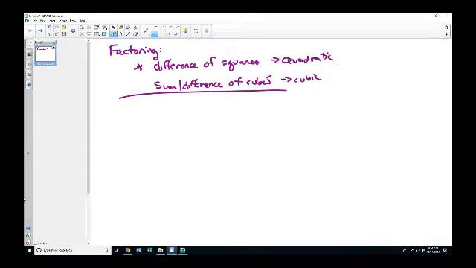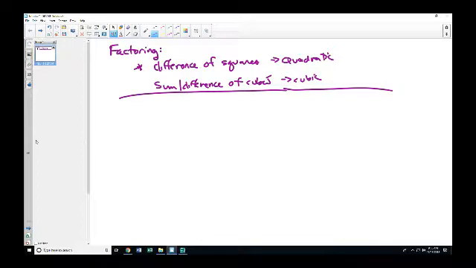So the last two methods we're going to study. The difference of squares comes up quite a bit, so it's pretty useful. Sum or difference of cubes is kind of an auxiliary factoring method that comes up a few times in calculus. Very rare.